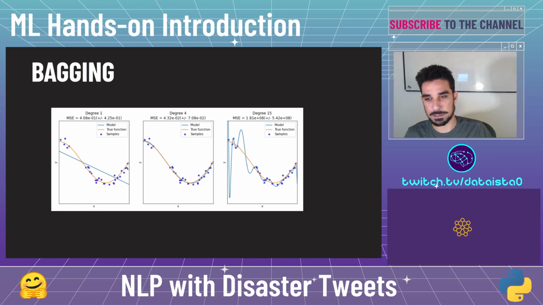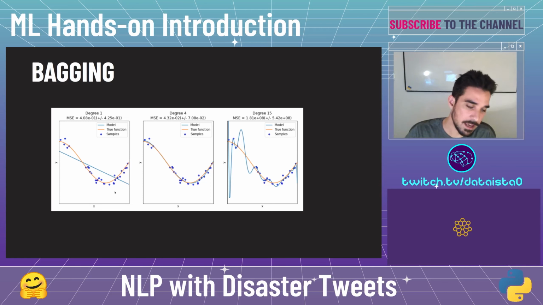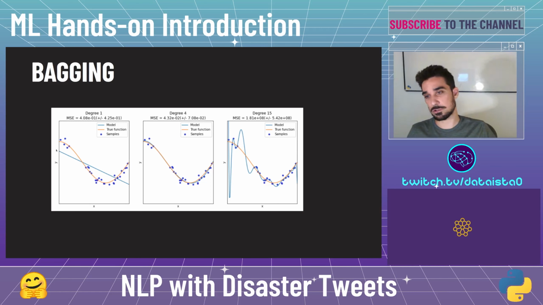This is the samples, the data. This is the generator function, and we are fitting a model. That's the blue line. In this case, the model has not enough freedom to fit the data. We are saying we can model this data as a line, and the data is not aligned, so the line fits as well as it can, but it's not good enough.